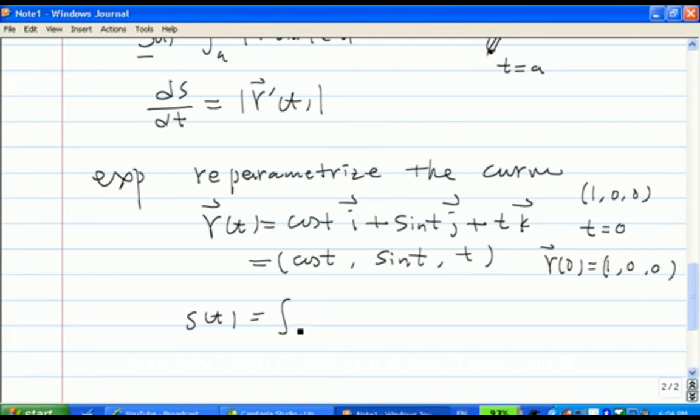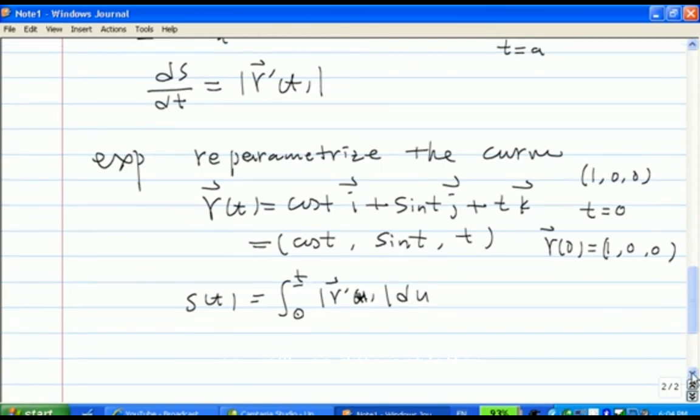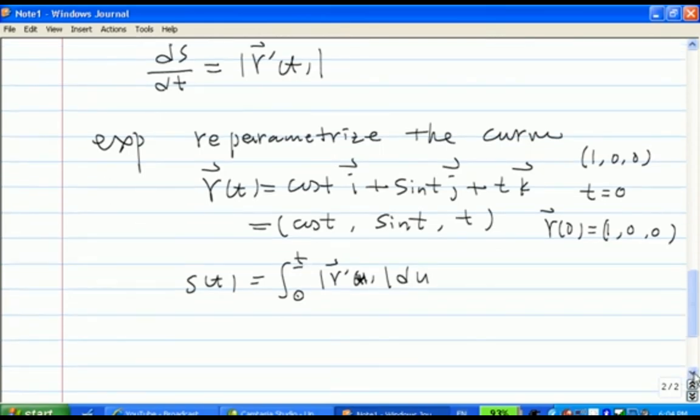So we want to count our arc length starting with t equals 0, then to t, the magnitude of r prime of u, du. Since u here is a dummy variable, you can use any letter you want. Since we already used t here, we want to use a different letter. So first of all, we have to find what r prime t is.